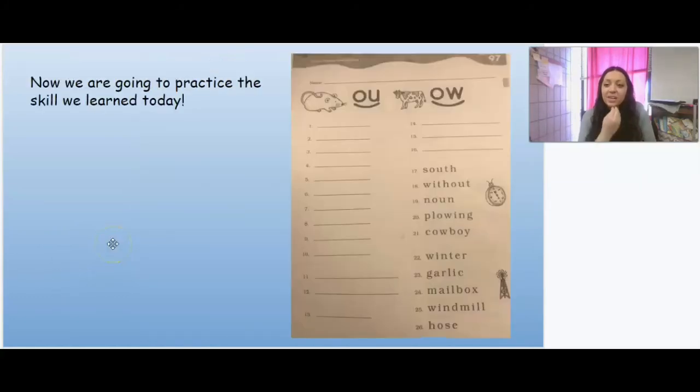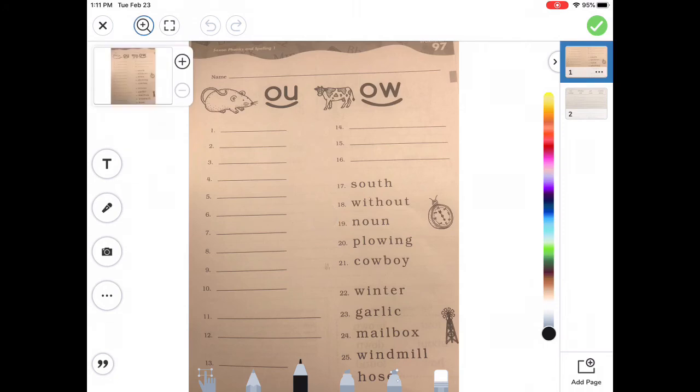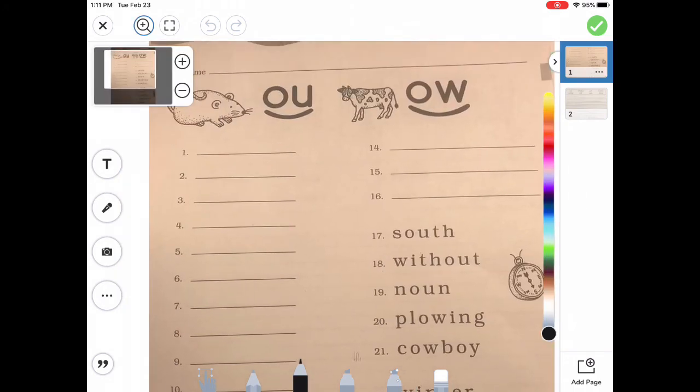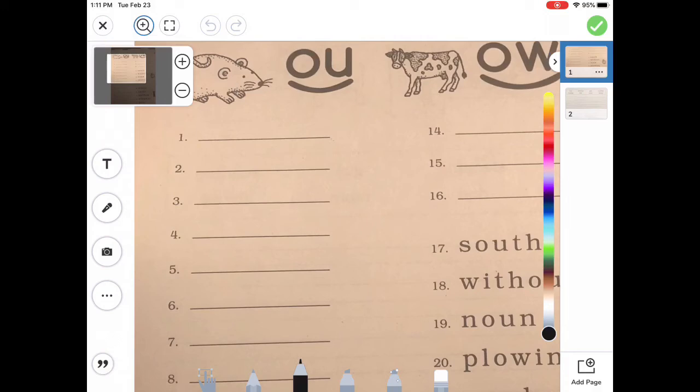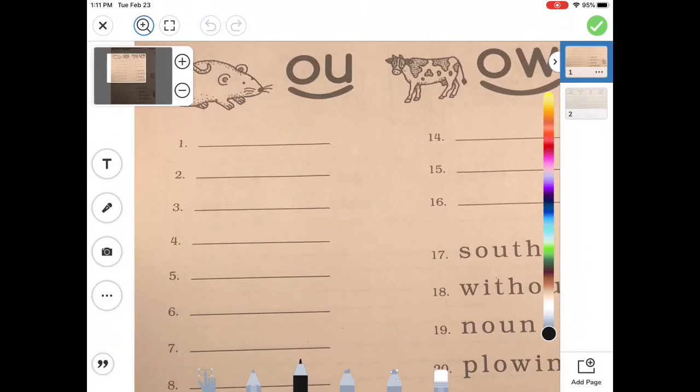All right, guys, we're going to go ahead and pull out our activity sheet so we can practice the skills that we learned today. And at the top, you can tell that we're going to be working on diphthong OU and diphthong OW. So first, let's go ahead and do some of our spelling sounds. Are you ready? So if I make the k sound, k, remember this is the long one because it can be K or it can be a C if it's in the middle or the beginning of the word.